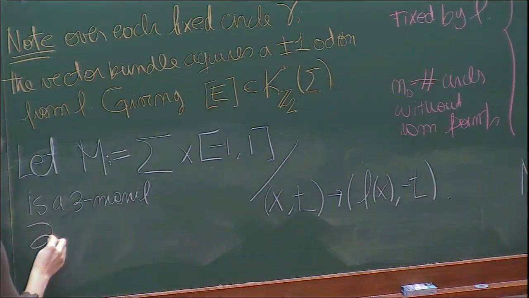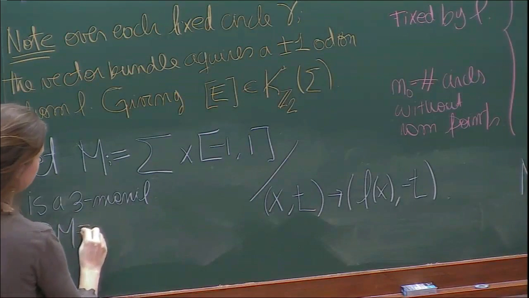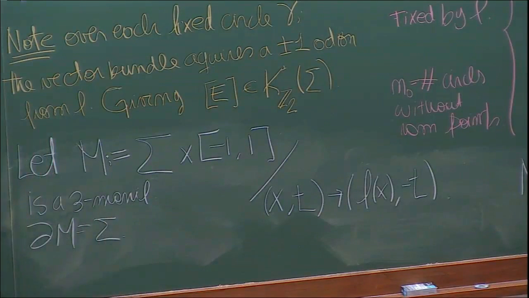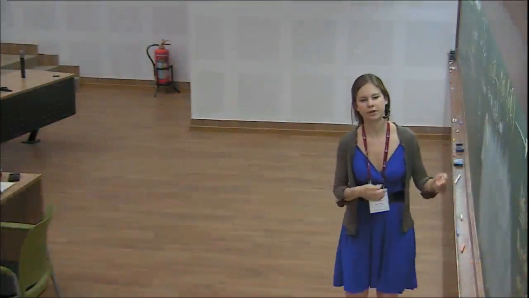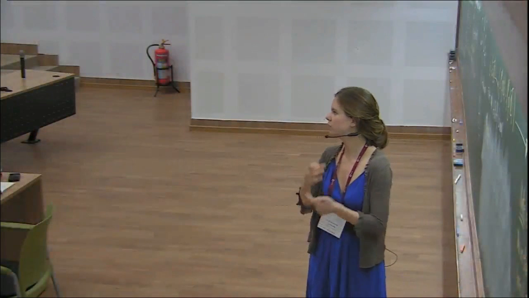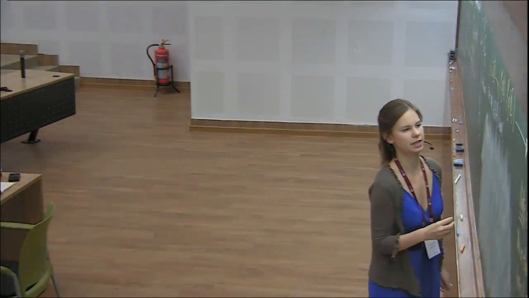And if you look at the boundary of your three manifold, this is your Riemann surface. So you can ask, and you can ask the question for any three manifold, but we can answer it just for this one at the moment, which Higgs bundles extend from the Riemann surface to a three manifold, or as flat connections, which flat connections extend from the boundary of your three manifold to your three manifold itself.